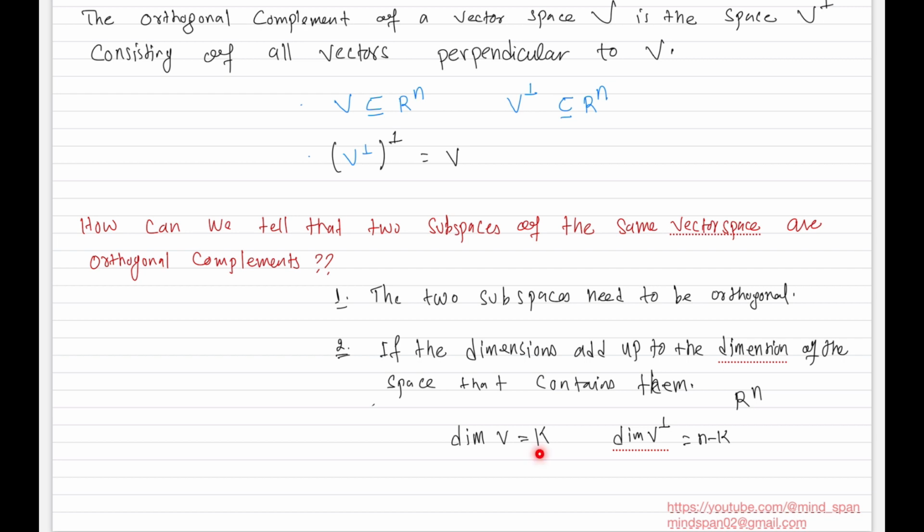And if the dimension of this vector space V is k, then the dimension of this orthogonal subspace will be n minus k. Now if you add their dimension, you will get the complete dimension of this vector space, right? So if you add this, k plus n minus k, you are getting n, and n is the dimension of this complete vector space, right.